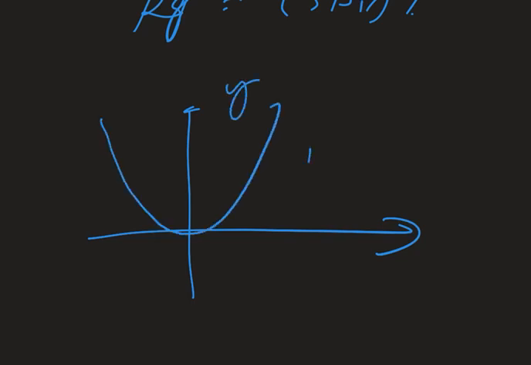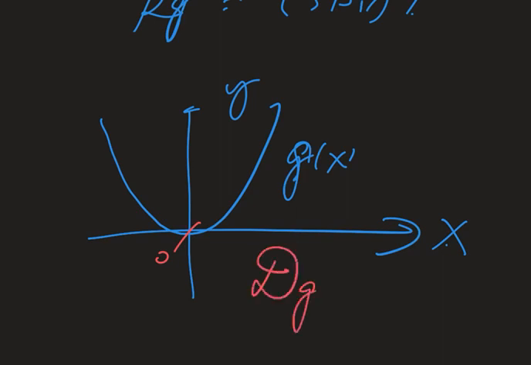y, and this is g(x) = x². So you look at this in the graph, the x value itself goes across 0, it can be the domain of g, it can be from minus infinity to infinity.